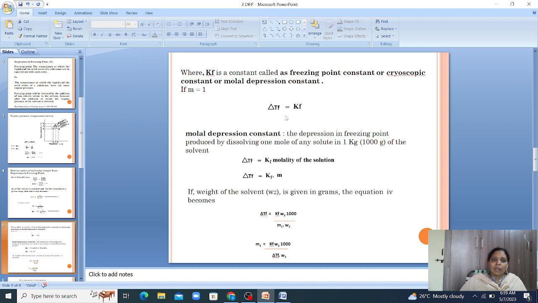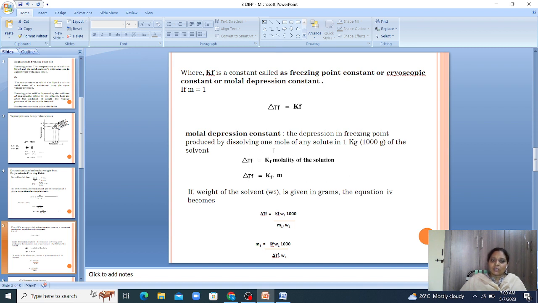If the remaining part, that is weight by molecular weight of solute into 1 by weight of solvent, equals 1, that is, the molality of the solution equals 1, then delta TF equals Kf, the freezing point constant. And here we can clearly get the relationship between depression in freezing point and molality, that is delta TF equals Kf into m.